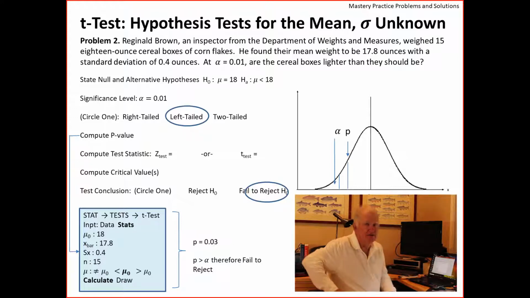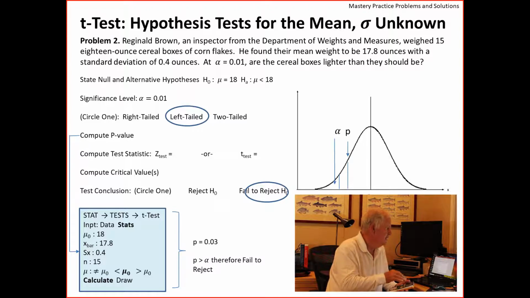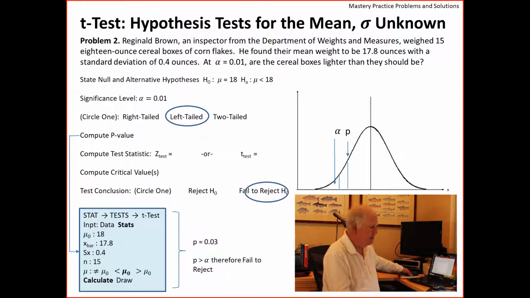Let's look at the diagram, and there you see alpha, the probability associated with the significance level, over in the left tail. Now all we have to do is compute the p-value. Pick up your calculator, go stat, tests, t-test, and work your way down. The input is stats. The null hypothesis value for mu is 18.